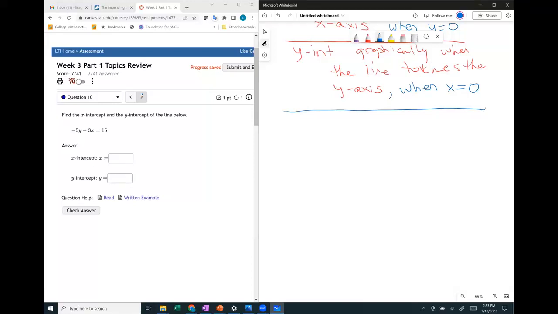So we have -5y minus 3x equals 15. And we want to know what's the x-intercept. So what did I say to do when we don't have a graph? You use 0 for the y. Exactly, y equals 0.